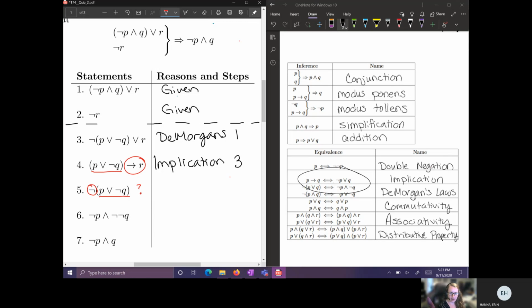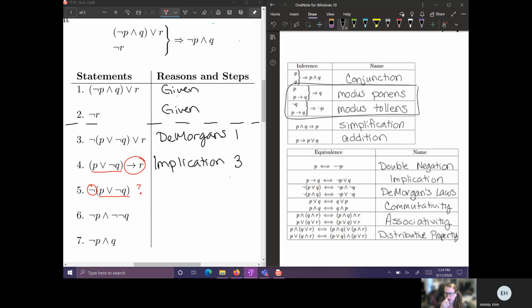Now, is there a rule that takes me from an implication to only one piece of the implication, that gets rid of half of my implication? If I start looking at my rules here, the only thing that starts with an implication and ends with something without any extra logical connectives and doesn't have the implication is one of my modus rules.